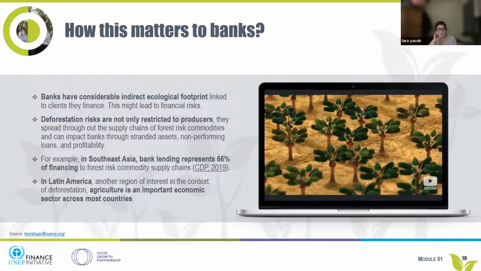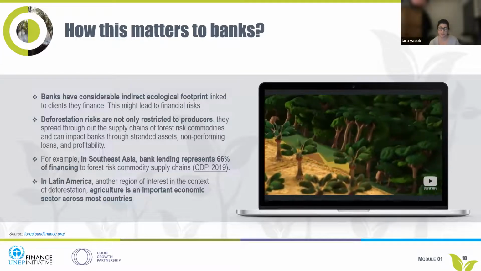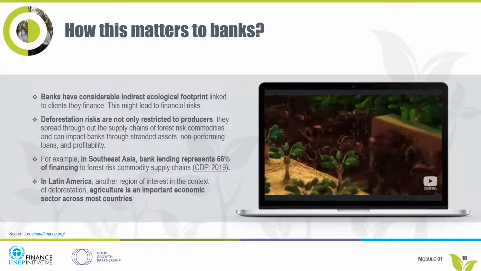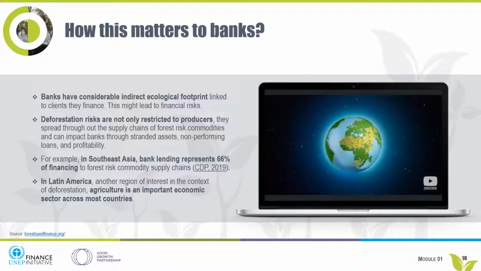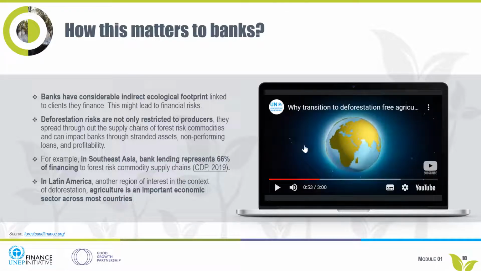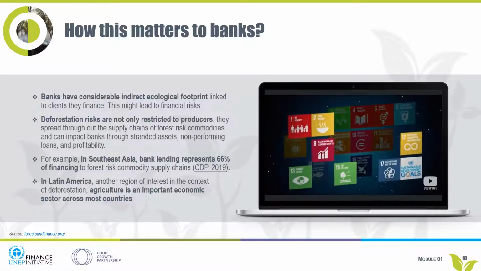But in order to feed our rising population, farmers need to produce more, and their most cost-effective solution is to deforest new terrain. However, today, nearly 40% of our land surface is already dedicated to agriculture. If this goes on, we won't tackle the climate crisis or meet the Sustainable Development Goals.